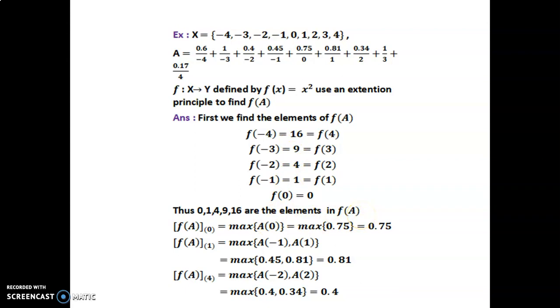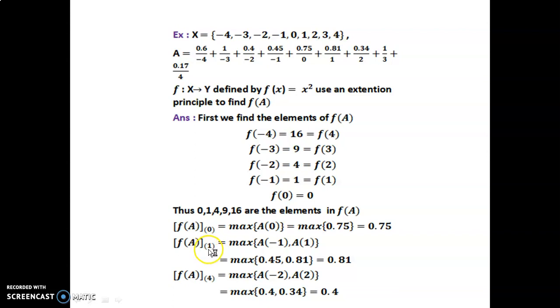Now we will follow step number 2. We will find the grades for these elements. So the first element is 0, max of A of 0. This is 0, so A of 0, the grade assigned in the fuzzy set is 0.75. Only one element is present, so the grade we get is 0.75. Next element is 1.